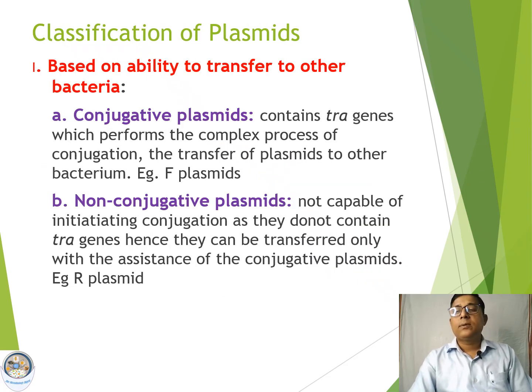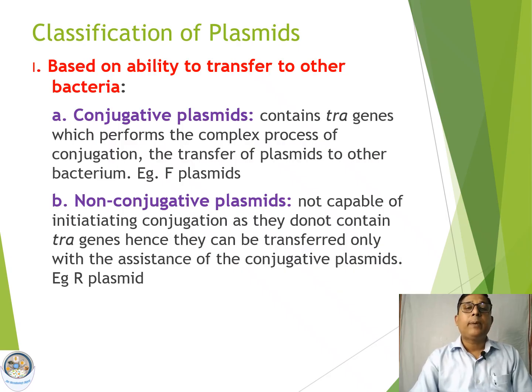Now, the classification. There are many ways by which you can classify plasmids. First is based on the ability to transfer to other bacteria. Based on this, two types of plasmids exist. The first one is the conjugative plasmid.